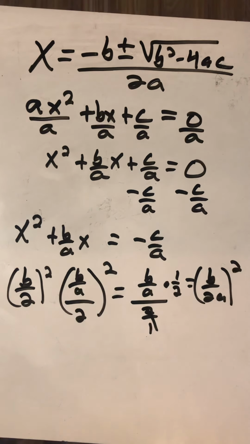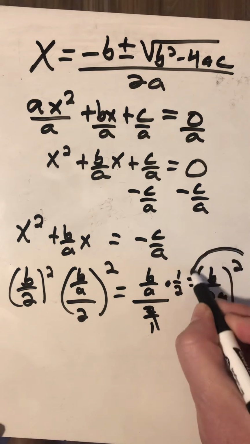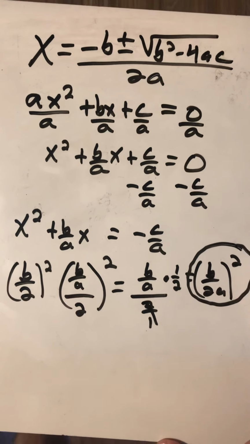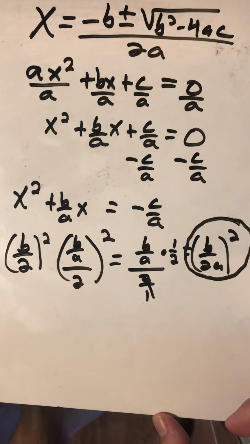Okay, guys? So that's actually the term that completes the square. This right here is the term that completes the square. So we need to add that to both sides of our equation.